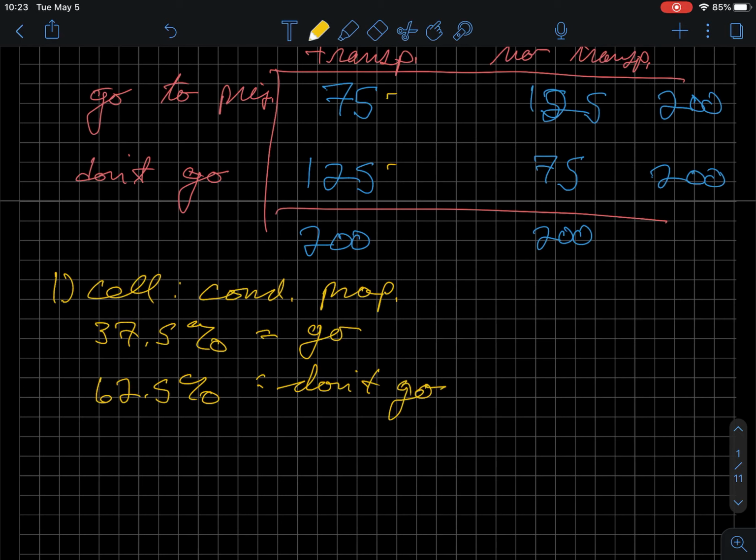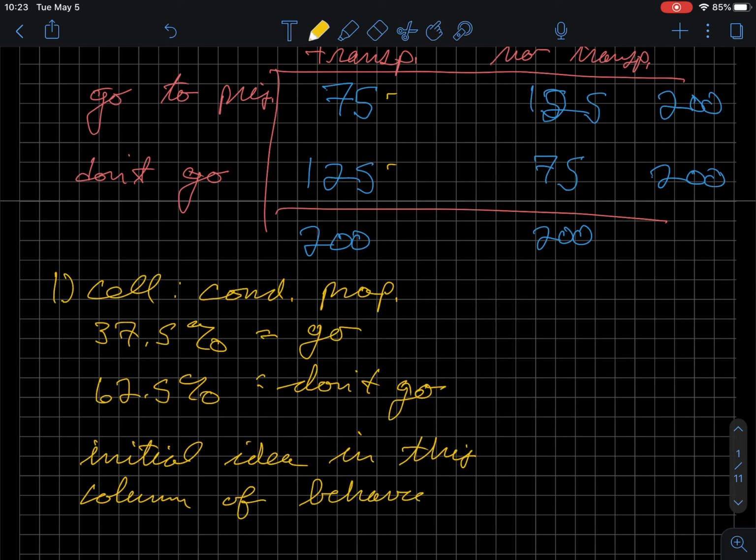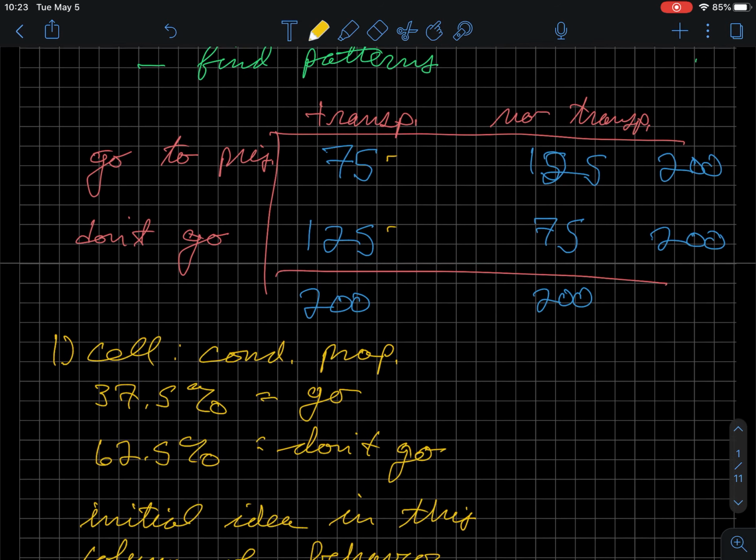So these basic conditional proportions give us an initial idea of a behavior. We look at that and think, wow, it's kind of big.